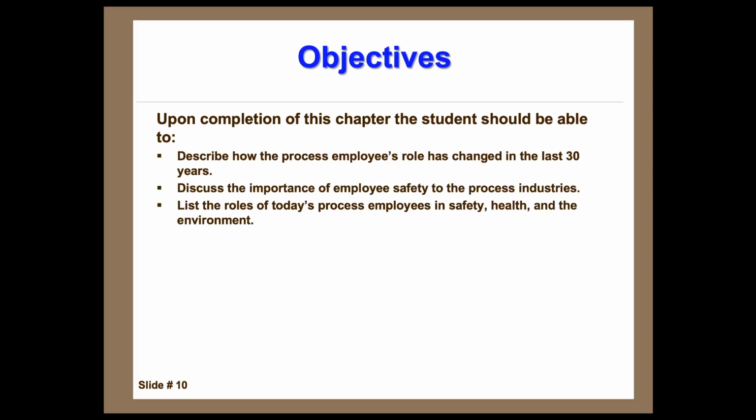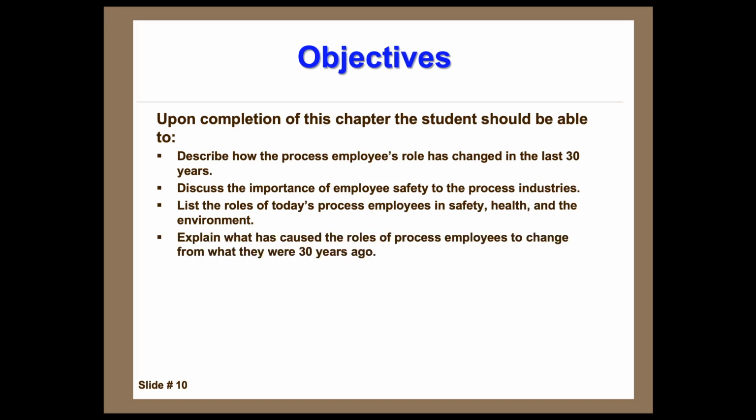We have to discuss the importance of employee safety to the process industries. We have to list the roles of today's process employees in safety, health, and the environment. We have to explain what has caused the role of process employees to change from what it was 30 years ago.